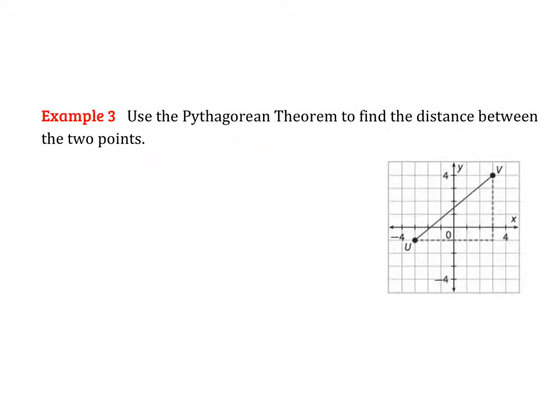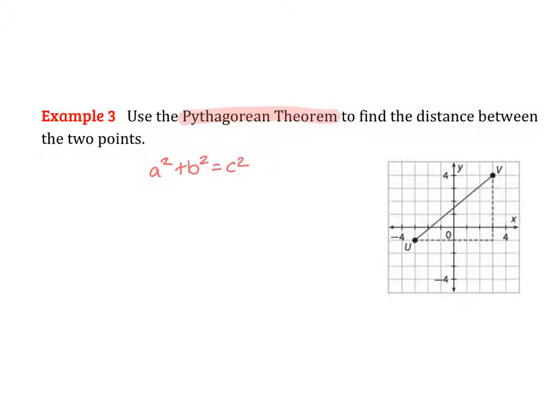Okay, I wanted to just take a moment to discuss a different way you can find the distance between 2 points, and that's by using the Pythagorean theorem, which hopefully we all remember is a squared plus b squared equals c squared, and it works for any right triangle. So this works really well if you have an xy axis like this with your 2 points on your graph.